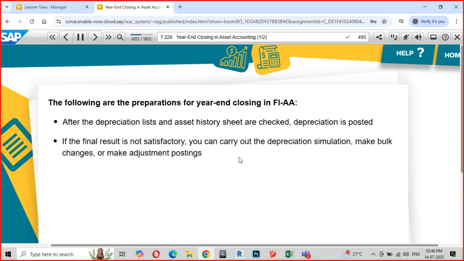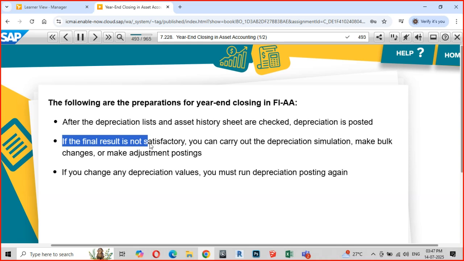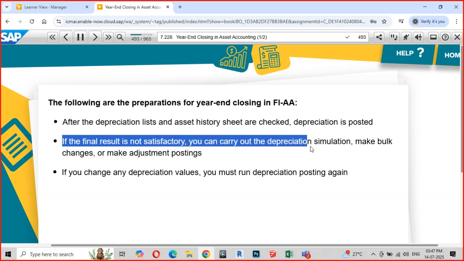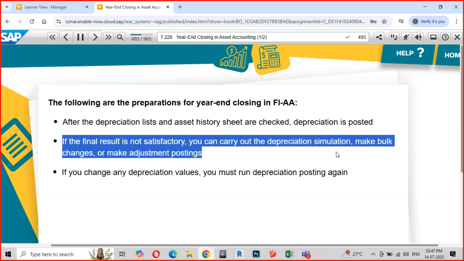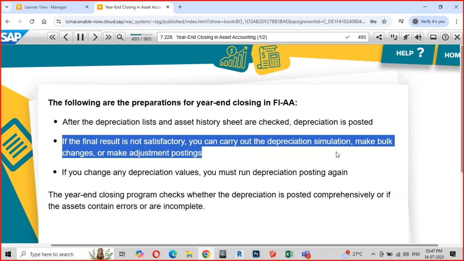You close the financial year for your asset accounting, and if you find that there is something wrong, you rerun the depreciation. If the final result is not satisfactory, you can carry out the depreciation run once again. And finally, you close the year.